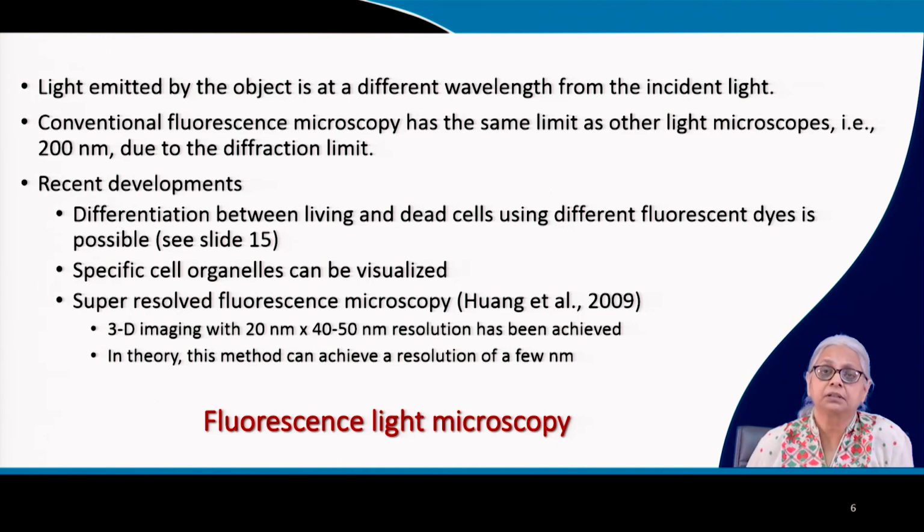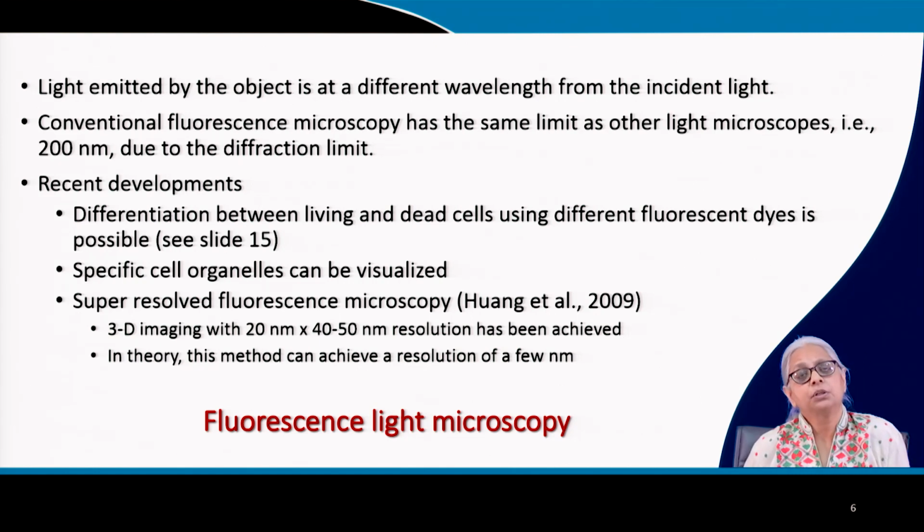And then we come to another major advancement. So I think I mentioned in my introductory lecture that super resolved fluorescence microscopy was given a Nobel Prize, I think in 2014.